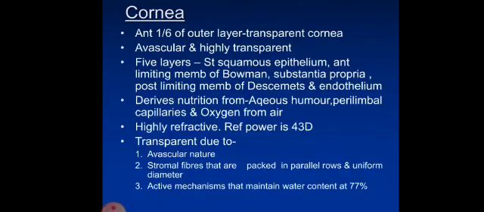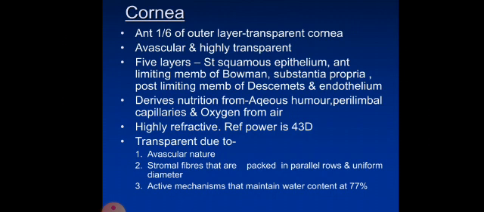About the cornea, both sclera and cornea are included as the outermost layer of the eyeball. The cornea occupies the anterior 1/6 of the outermost layer. It's transparent. Cornea is avascular and highly transparent.